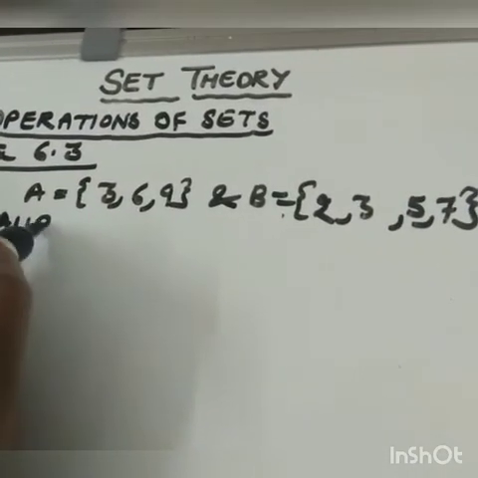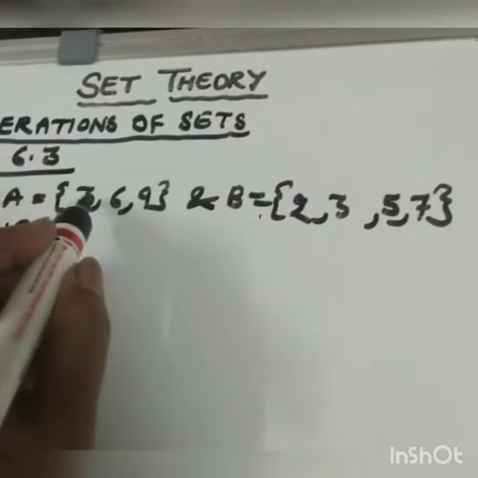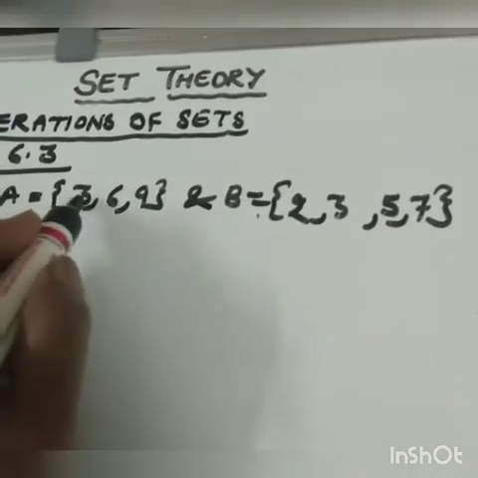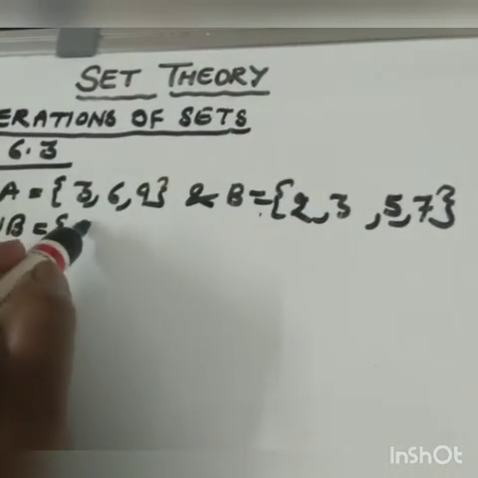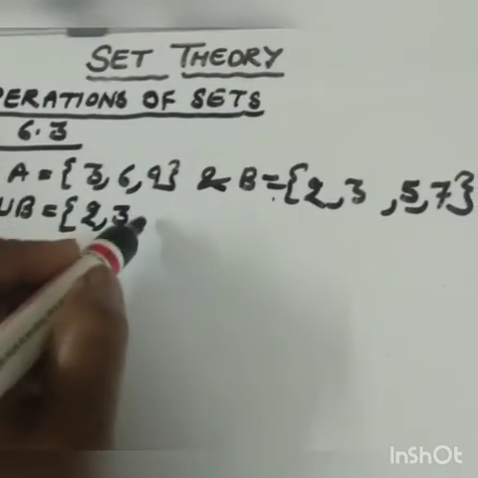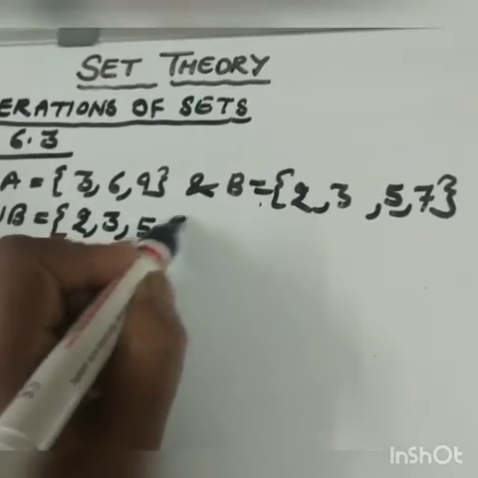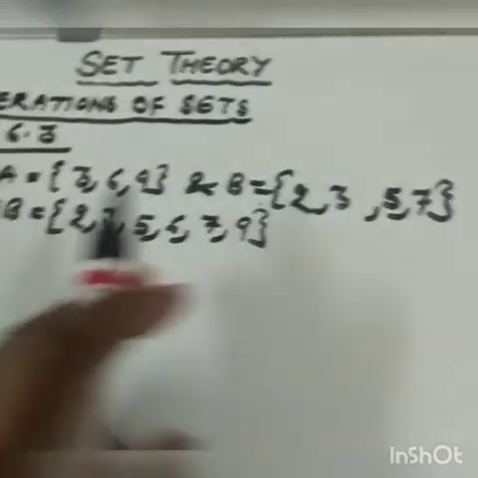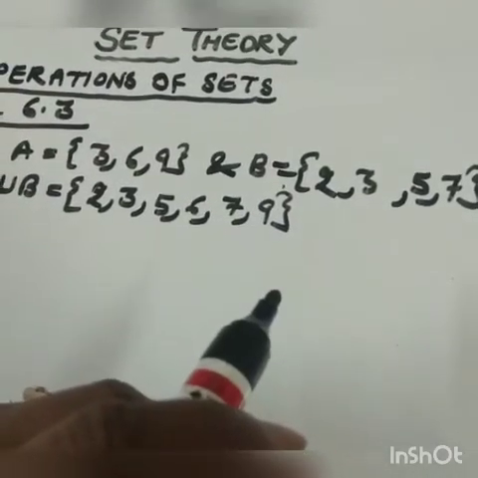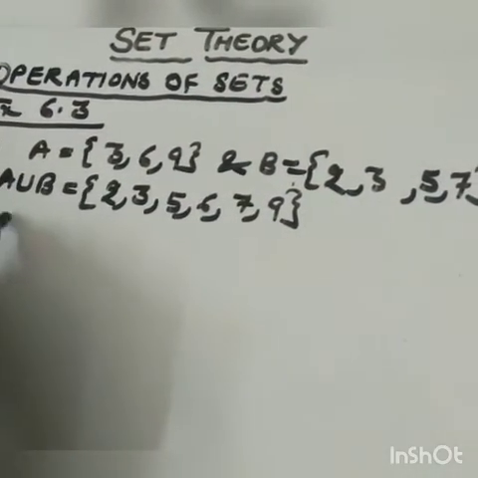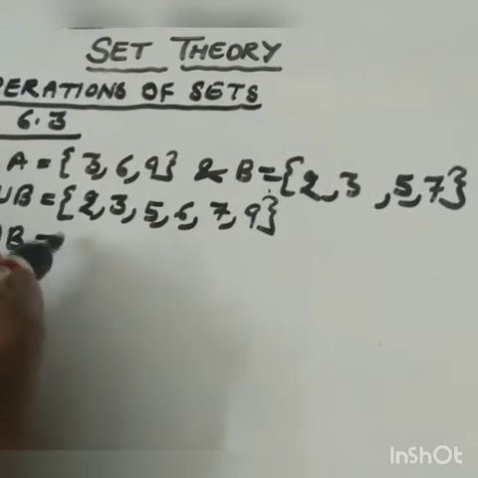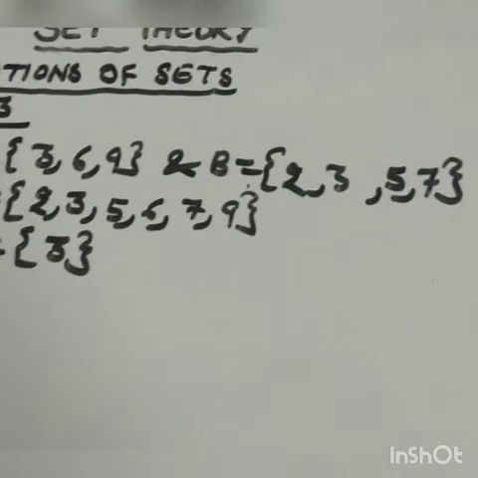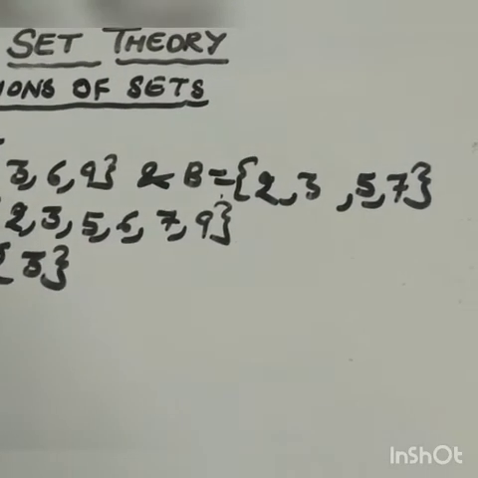A union B will be the elements of A and B both, and the common element here is only 3. So we will write all the elements: 2, 3, 5, 6, 7, 9. I hope it is clear. You are getting 6 elements. Now what is A intersection B? A intersection B will be the common element, which is simply 3. I hope it is very clear.